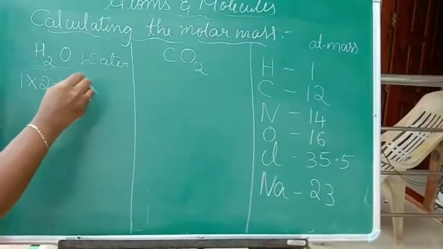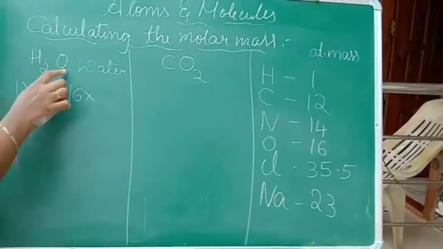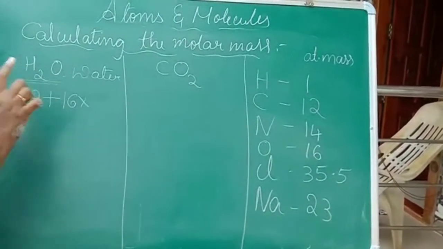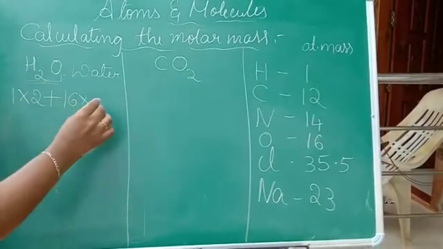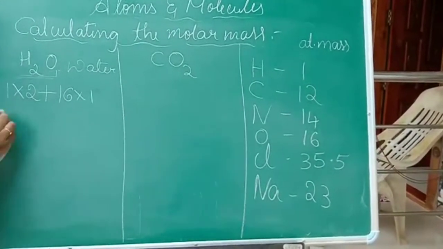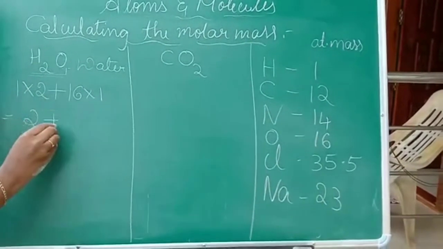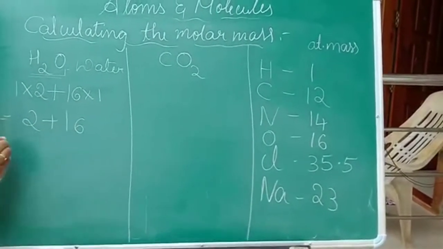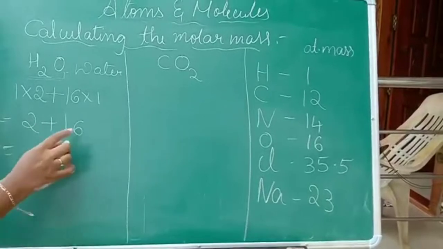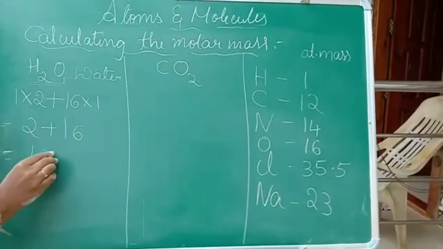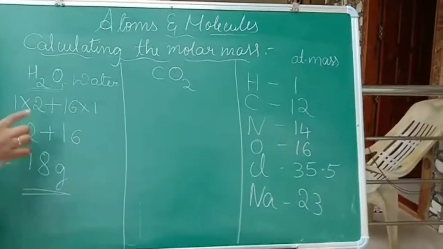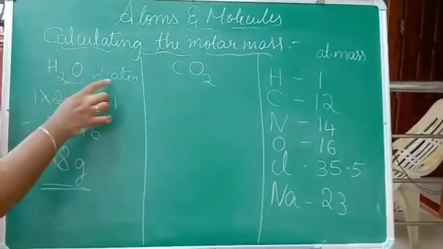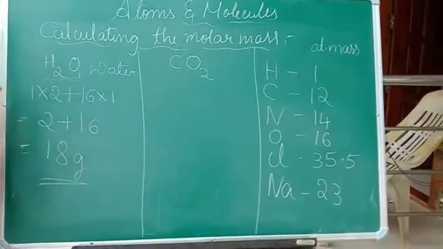Is there any number with oxygen? No, there is no number, so you have to consider it as 1. Multiply by 1. Now 1 twos are 2, plus 16 ones are 16. When you add it, you get 16 plus 2, which is 18. This is represented in gram. So 18 gram is the molar mass of the compound water, H2O.